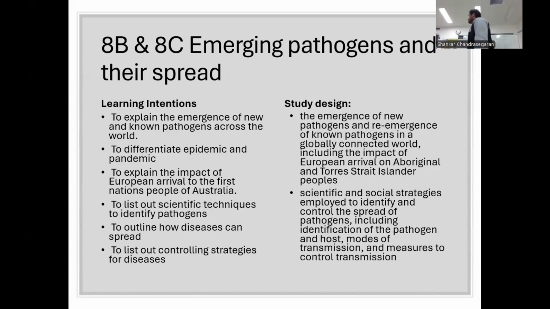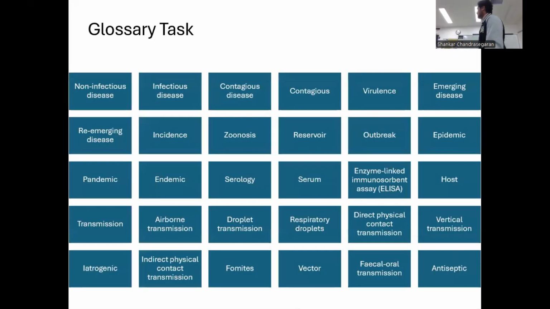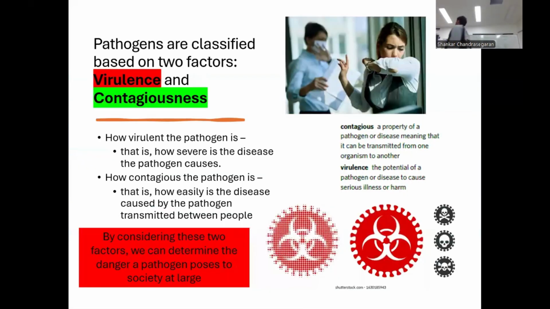All right. So I'm just going to get through a bunch of things. You can see that that's a lot because there are two topics in this. So pathogens are basically based on two major factors. One is virulence and the other one is contagiousness. Even though you might use these words interchangeably, they actually have very separate meanings.